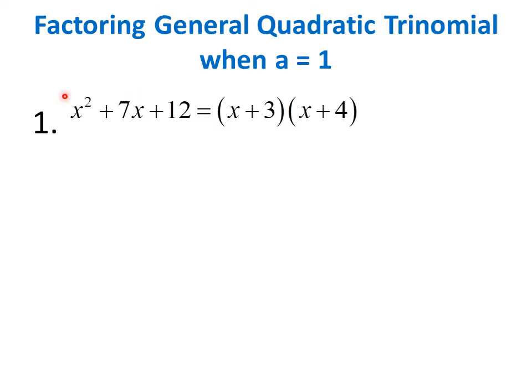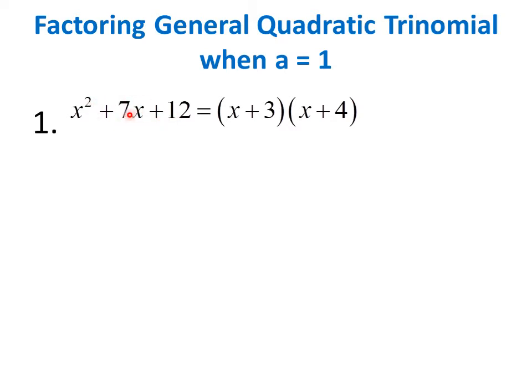So we always have 1 as the coefficient of the first term. Therefore, I think we can skip the part of asking whether we have a common monomial factor, because we always have 1 here, and on the other terms we have different numbers, so there is no common monomial factor. Anyway, yes, this is a general quadratic trinomial.